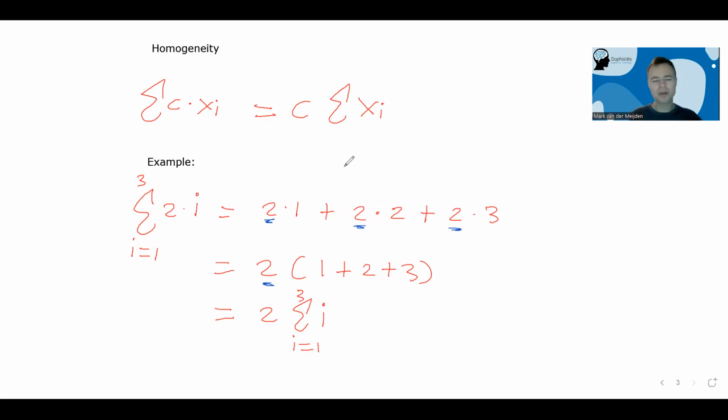And here you go. So now I've shown with this example that the property really works. So if you have a constant like this, you can simply put the constant in front of the summation for in the future. Okay. So I will just show you the properties like this, and then I will give you some exam questions where you can apply them.